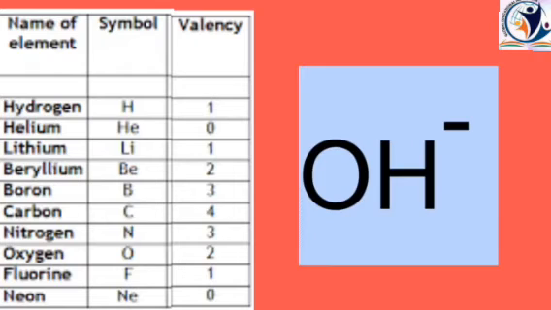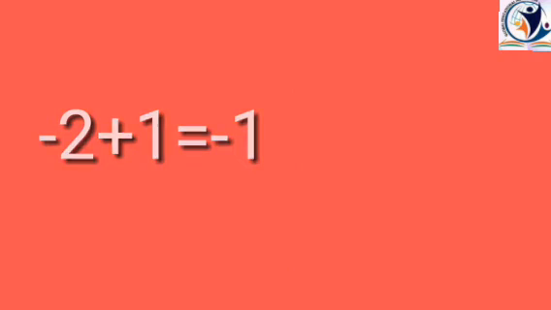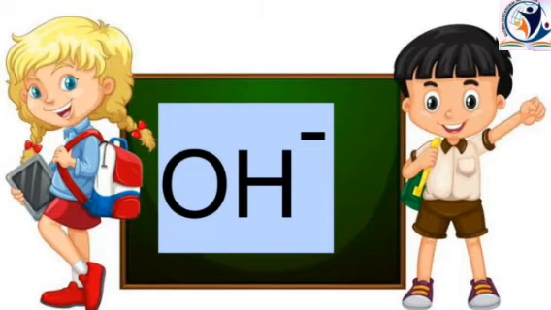Next example, the hydroxyl ion, that is OH minus. We know the valency of oxygen is -2 and hydrogen is +1. So the overall charge, that is -2 plus 1, we get as -1. So it is written as OH minus. The 1 is not written, we can understand that.